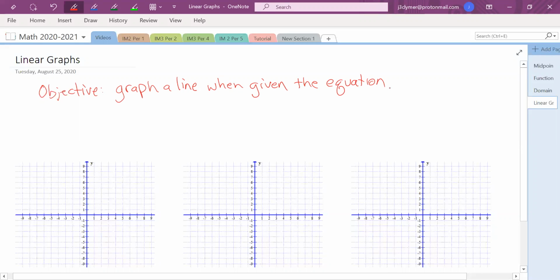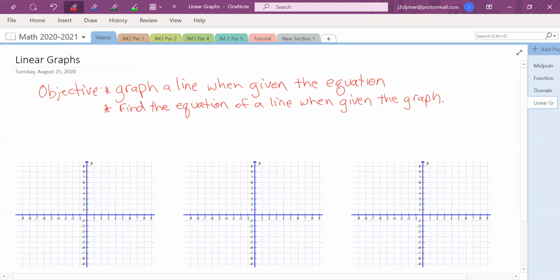And another objective, and I'm going to put little stars to indicate there's more than one objective, is to be able to find the equation of a line when given the graph. So here are our two objectives: graph a line when given the equation, and find the equation of a line when given the graph. We have to be able to go both ways.